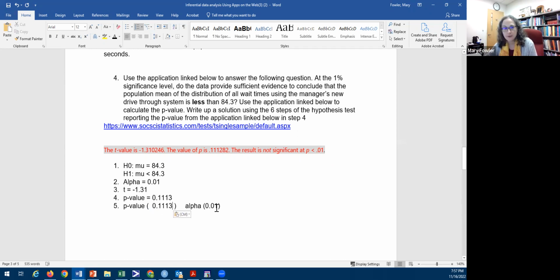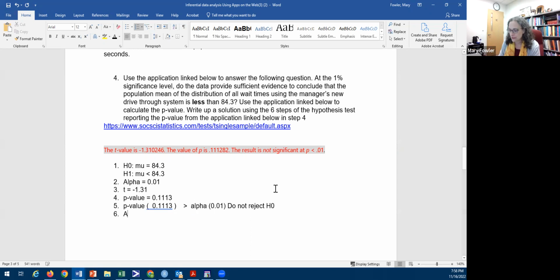And that's my alpha value. And so the p-value is actually greater than the alpha value, which leads us to the decision that we do not reject. We only reject when the p-value is less than the alpha value. So we do not reject H naught.